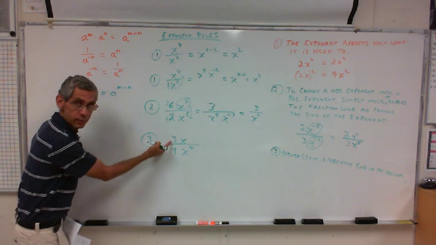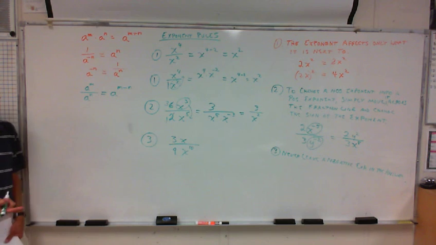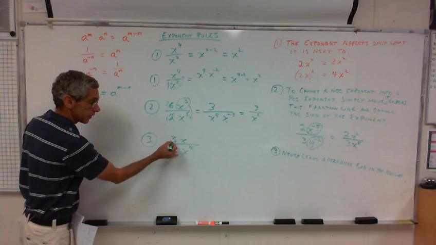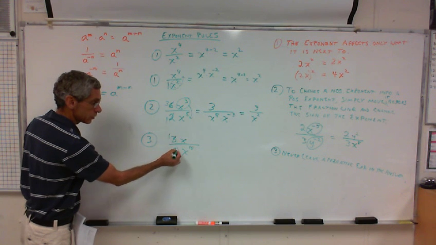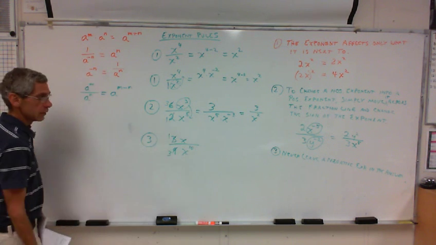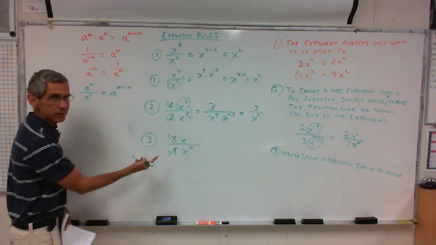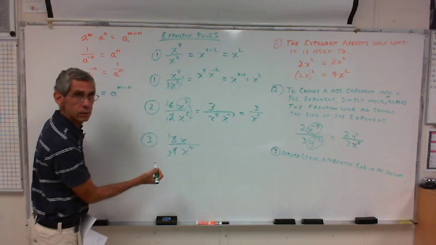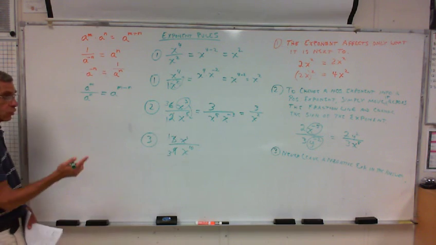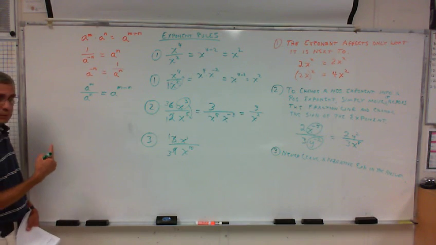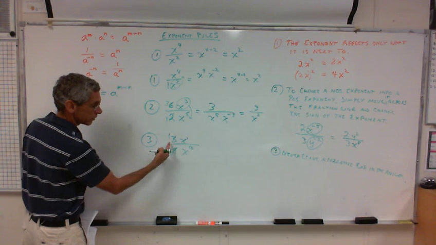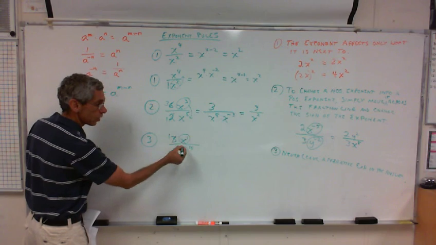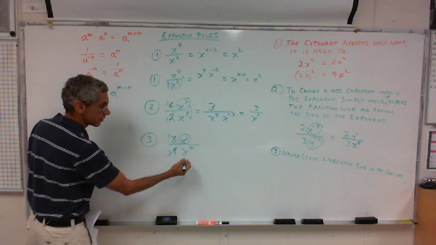First of all, I see my coefficients are not being affected by any exponents. So I can say 3 goes into 3 once, 3 goes into 9 3 times. And then what is my exponent on this x? Nathan, what's the exponent on this x? It's a 1. All right, so using that other method that I showed you, I could just take the x with the smaller exponent and bring it across the fraction line.